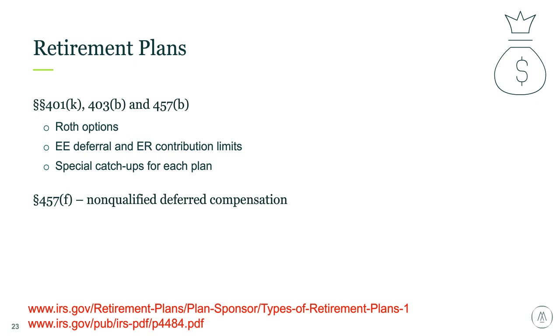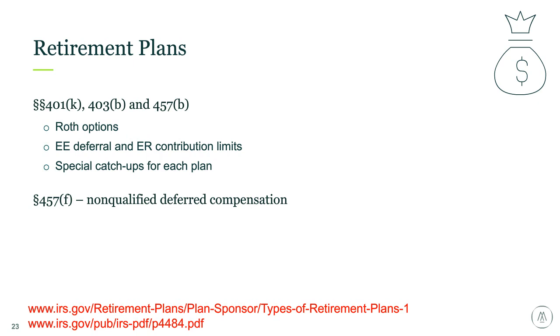I love retirement plans. So what we have on the screen here is 401k plans, 403B and 457B plans. These are very typical plans offered in the not-for-profit governmental area. Also the 457F plans for non-qualified deferred compensation.